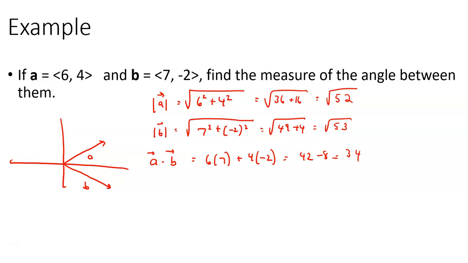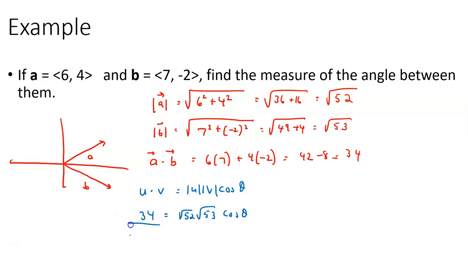All right, once we've done that, we can throw it all in the formula. I mean, you're welcome to do it sort of on the fly. I like setting up my pieces and then just throwing them in the formula. So the dot product, u dot v, equals magnitude u, magnitude v, cosine of the angle between them. So u dot v we said was 34, equals square root of 52, square root of 53, cosine of the angle between them.